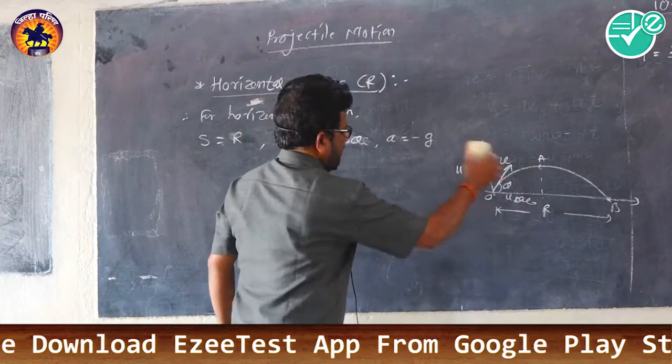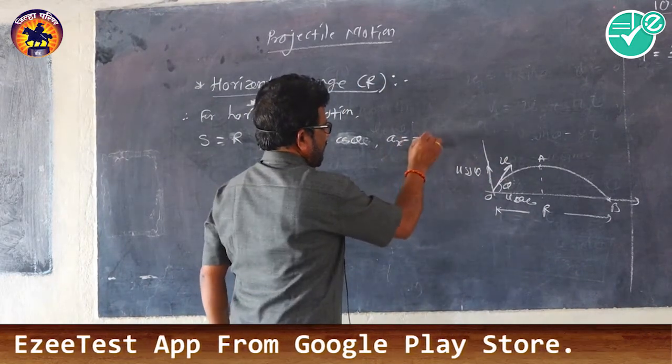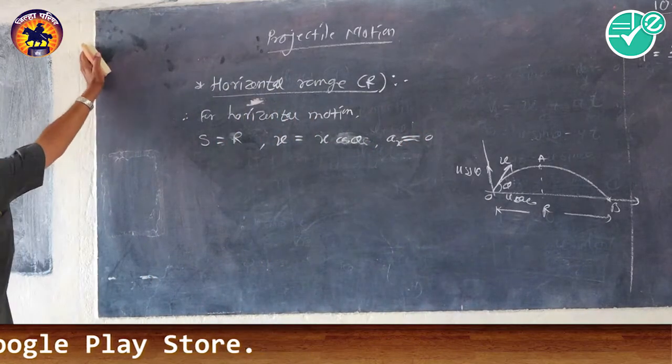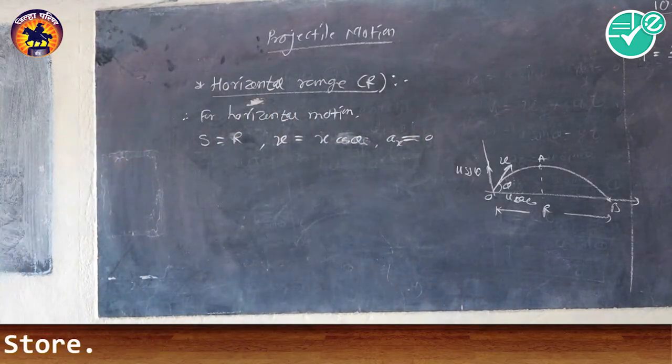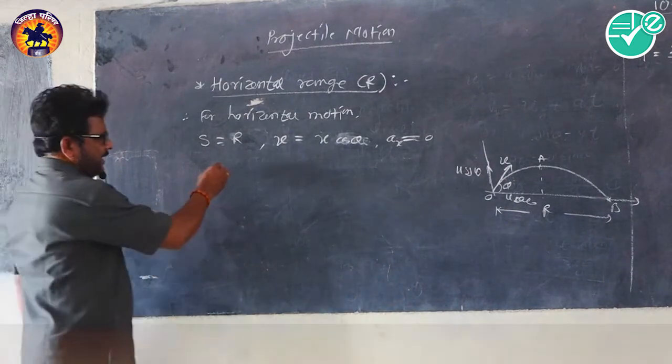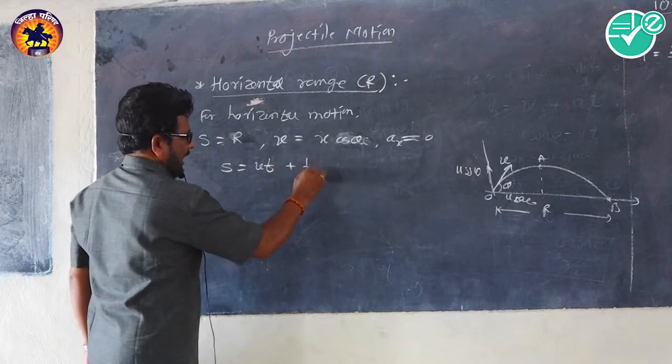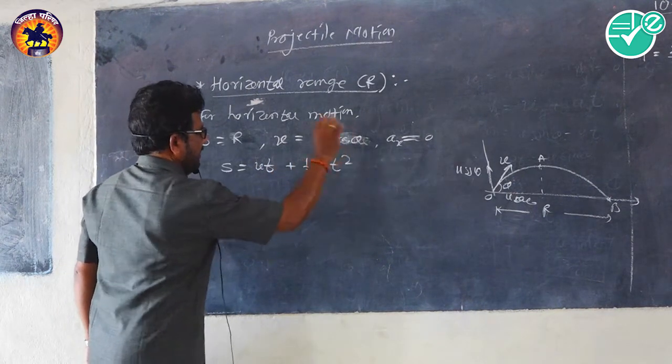For this horizontal motion, acceleration along this direction is equal to 0, and therefore, using the kinematical equation, S is equal to ut plus half a t square.